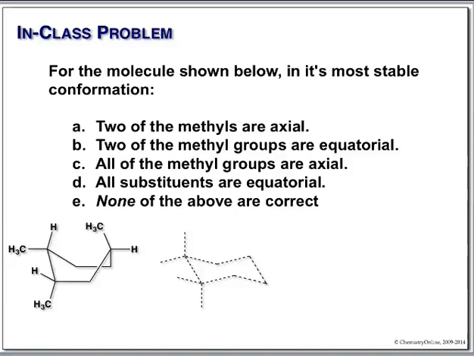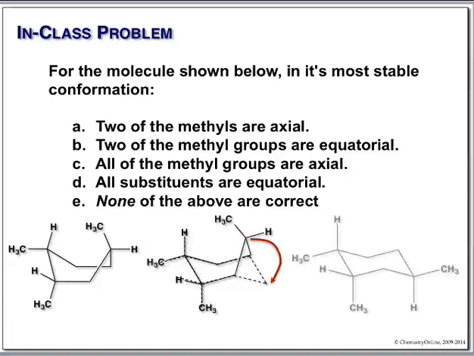I've got substituents here. If I put these in, it would look like that. Now the only operation I have to do is to take this carbon, move it down. When I do that, I have 2 equatorial methyls and 1 that is axial.